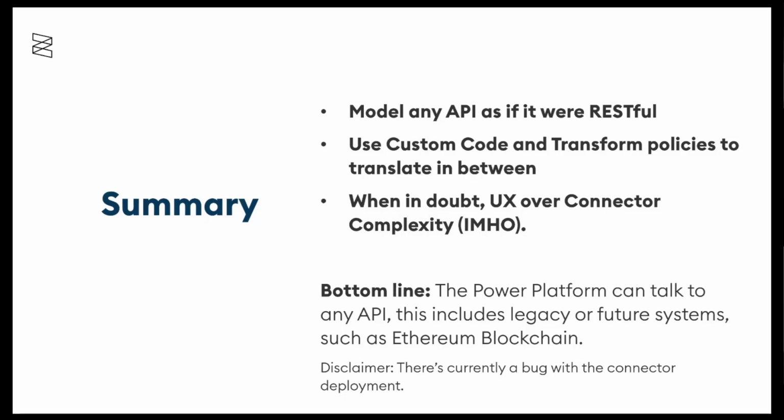When you are in doubt, I think UX should come over connector complexity. That's my personal opinion. And my personal learning is, bottom line, the Power Platform can talk to any API. This includes legacy or future systems such as the Ethereum blockchain.